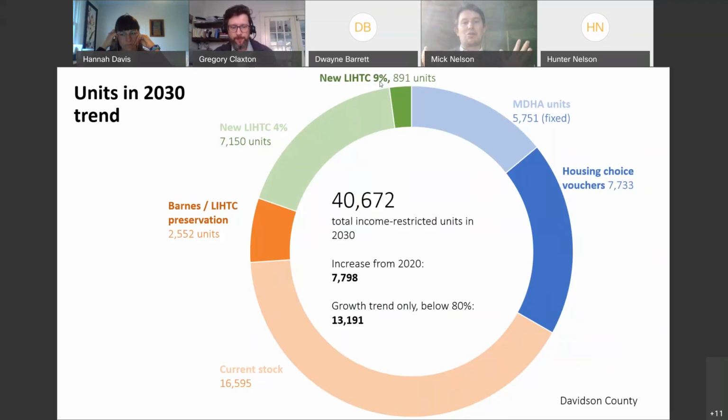So this actually predicts a widening, even though we have 40,000 units in 2030. We're actually going to have a bigger deficit than we do now, on the order of about 5,500 units or so. Is that right? It'll increase across time. Yes, that's right. Okay.